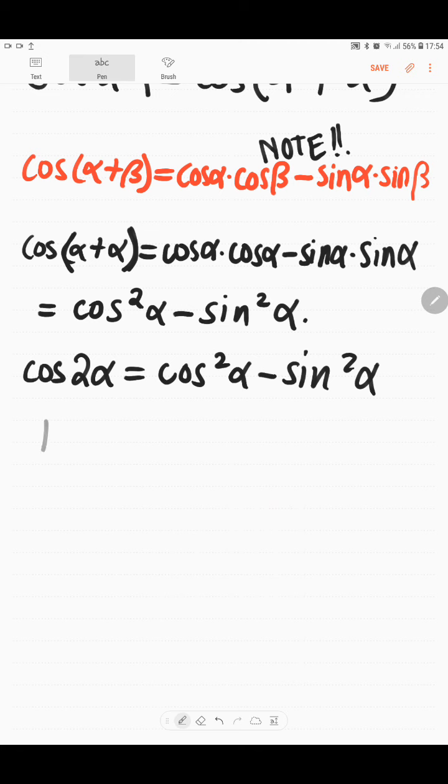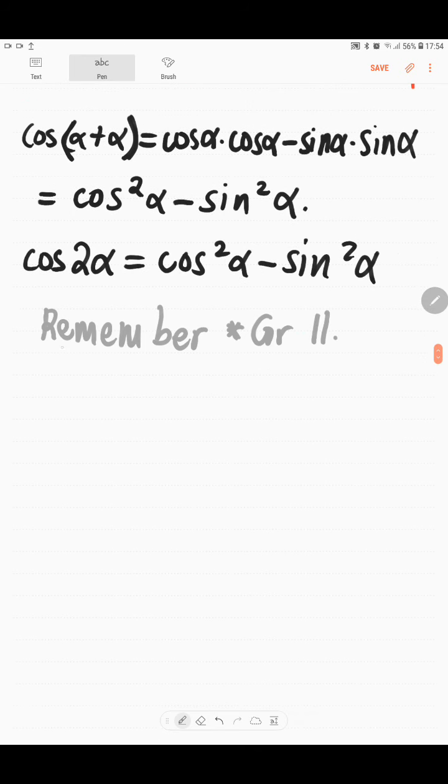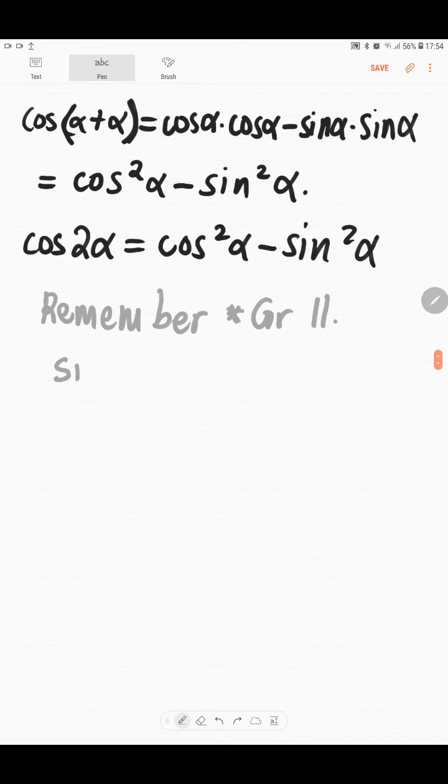And if you remember, in grade 11, the Pythagorean identity which we used most there was written in the following manner: cos squared alpha plus sin squared alpha is equal to 1. Now, not to be mistaken, this has a minus sign and this has a plus sign, so we can't really say it's 1, but there's something that we can do about this.